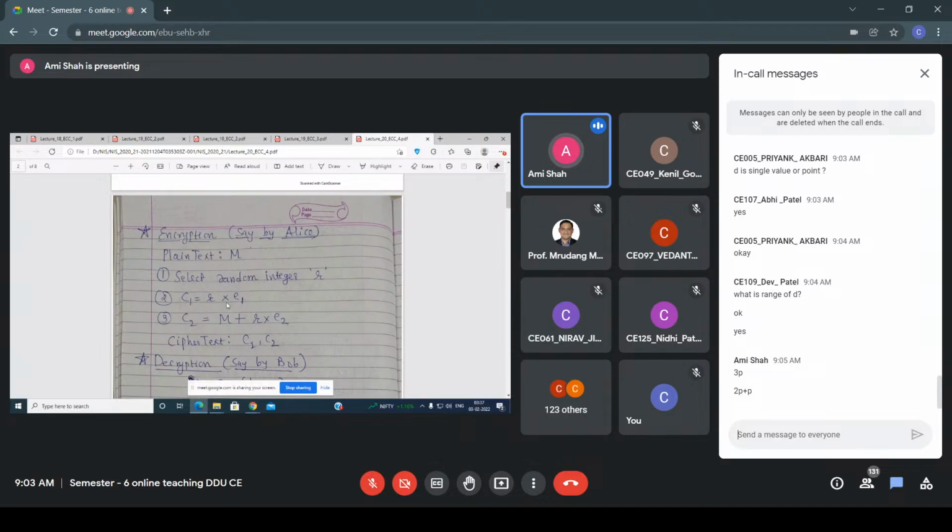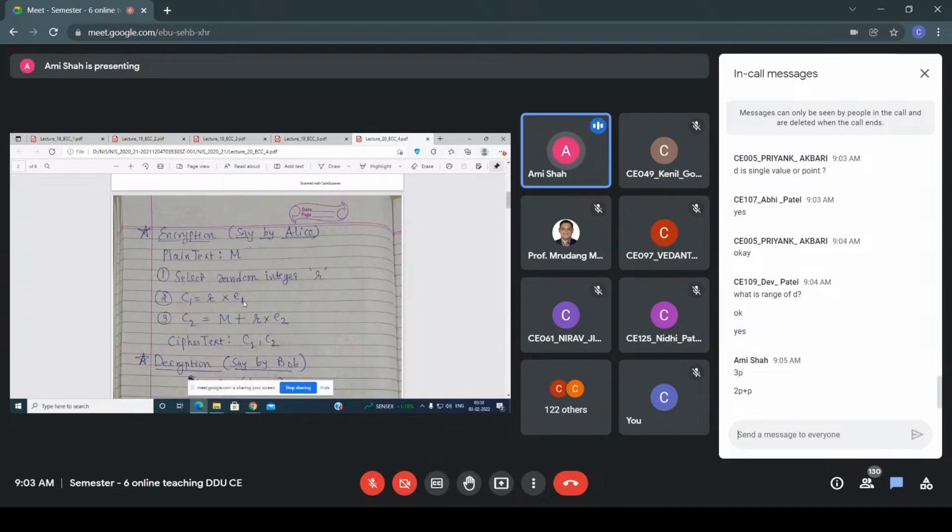So again, when you observe, C1 equals R, some integer value, multiplied with E1, which is a point. Let's say the integer I am taking is 3 and this is some point. So again that scenario is 3 multiplied with a point, and that function is called, and based on that you can calculate.